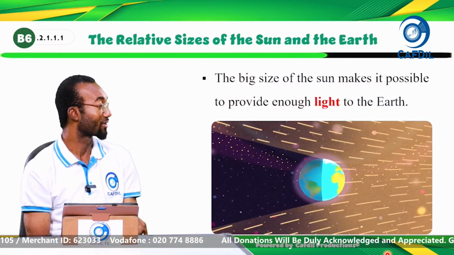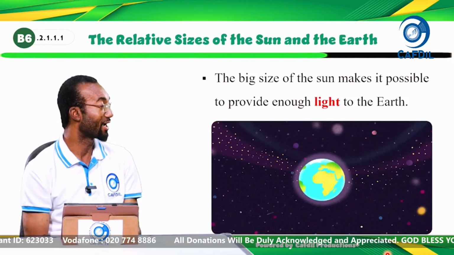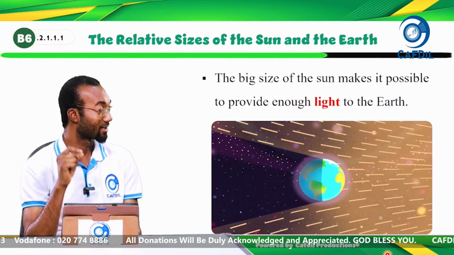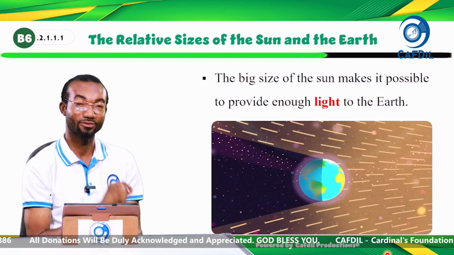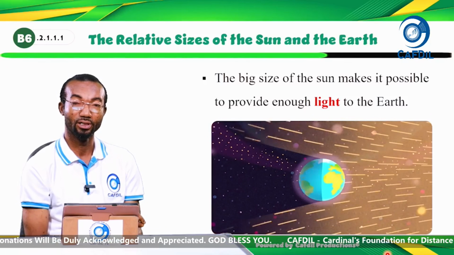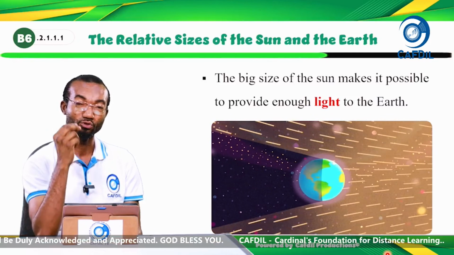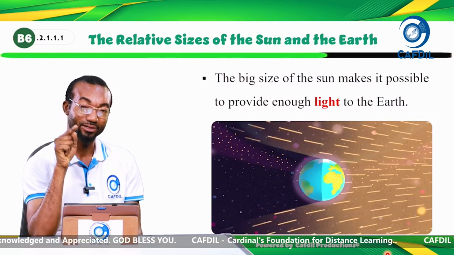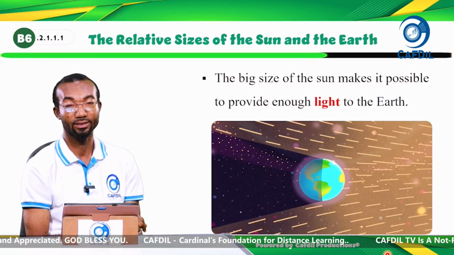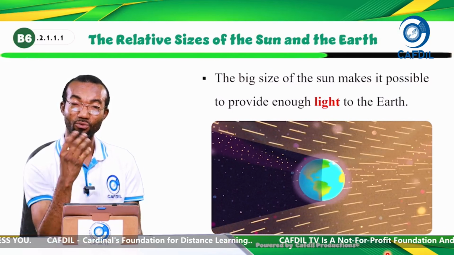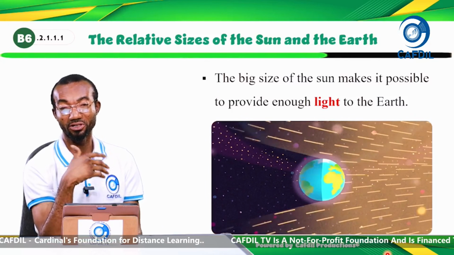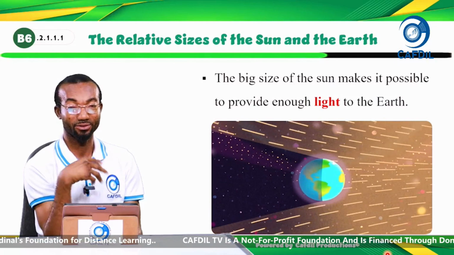The big size of the sun makes it possible to provide enough sunlight to the earth. Look at the size of the sun as we watched. It can provide 12 hours of light to the earth. If the sun were smaller, you might have just 1 hour, 2 hours, or even 4 hours of light on the earth.